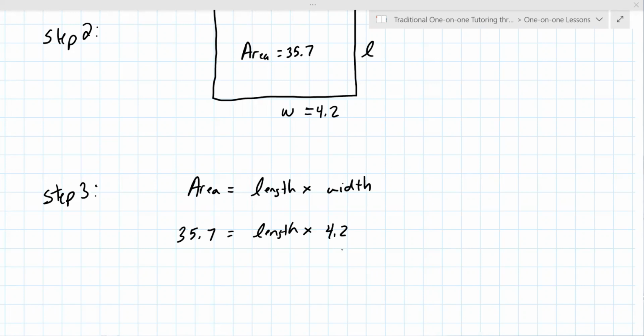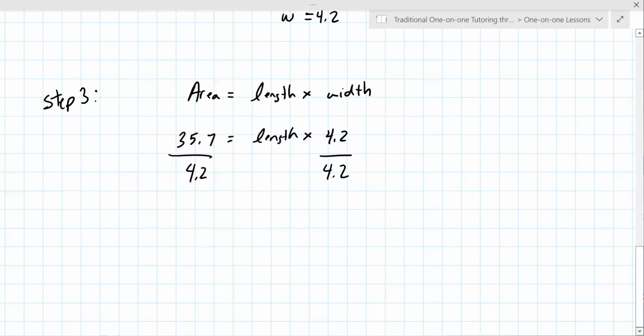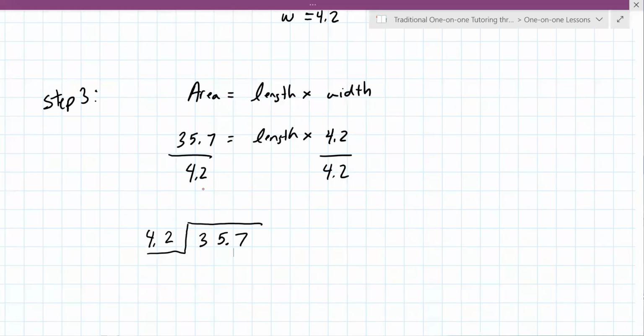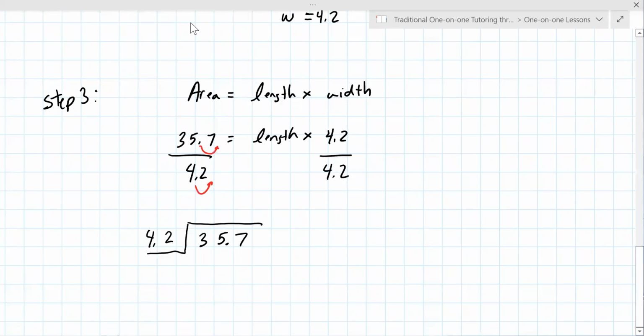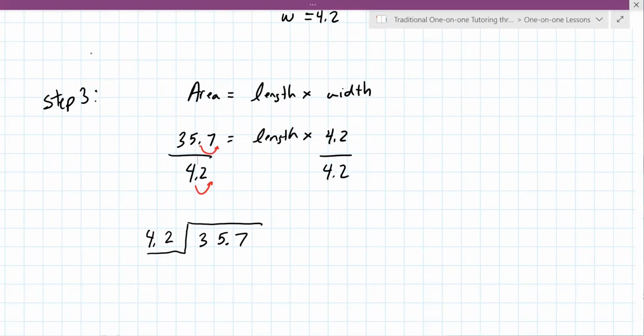You're going to divide both sides by 4.2. So you could do 35.7 divided by 4.2. Now in terms of dividing this, the number that goes outside the house cannot be a decimal. So that means you have to move the decimal over to the right one space. So then it becomes 357 divided by 42.